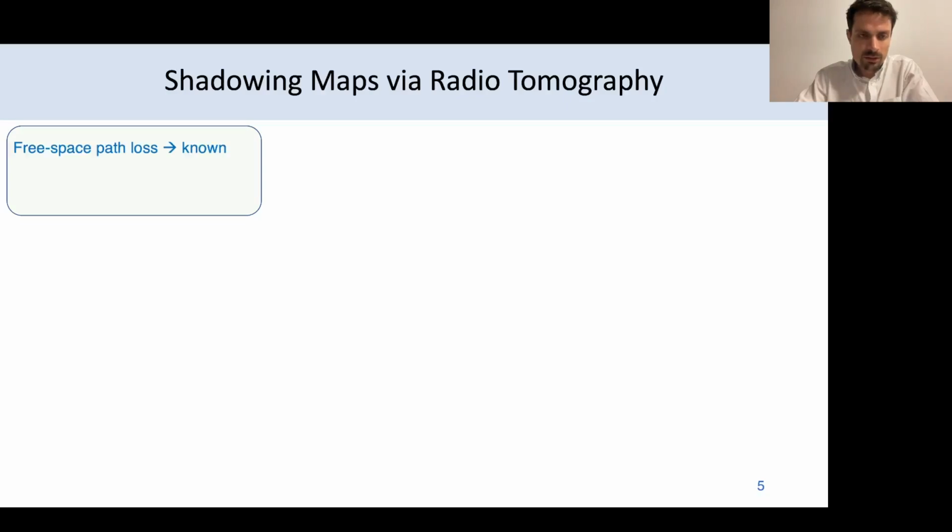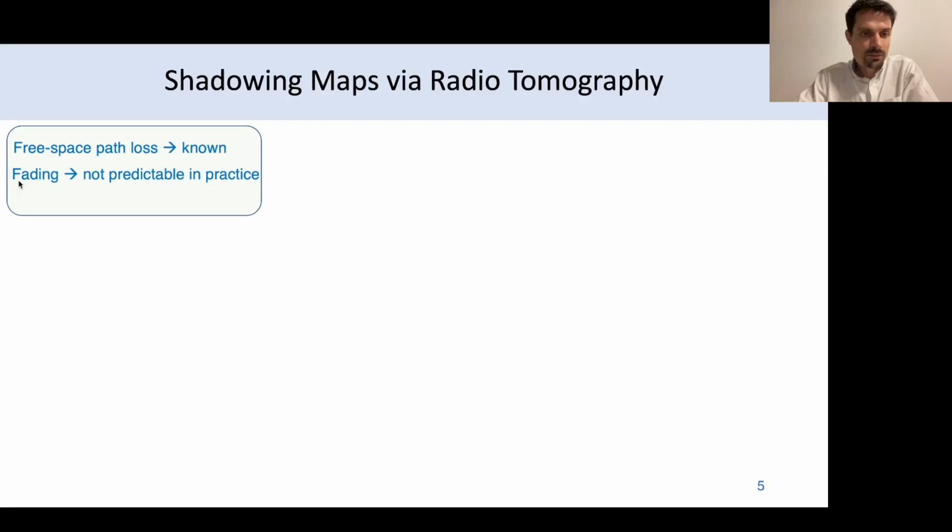On the one hand, we have this free space loss component. This depends on the locations of the transmitter and the receiver, well, essentially only on their distance, right? So we don't really need a map for this. Just knowing their locations is enough.